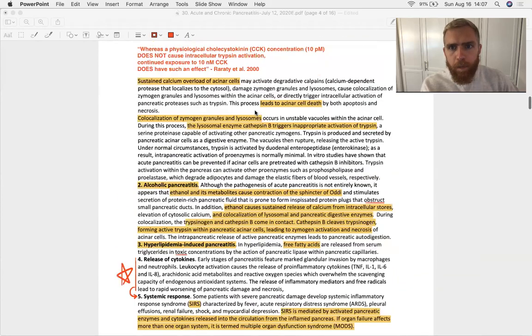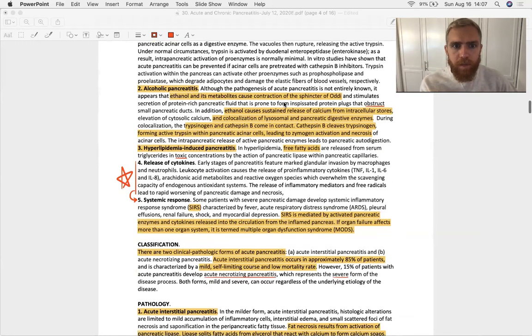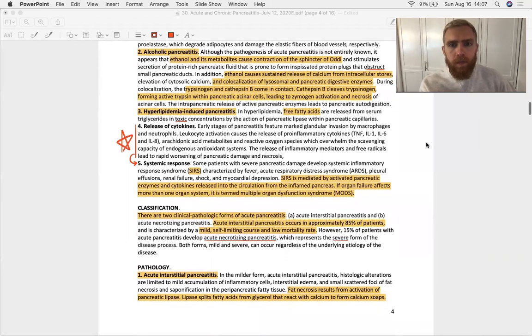And top of page 4 here is telling us trypsin's normally activated by enteropeptidase in the brush border of the small intestine. It should not be activated intracellularly. It should not be activated inside the pancreas, but when it is, that's how you get pancreatitis.